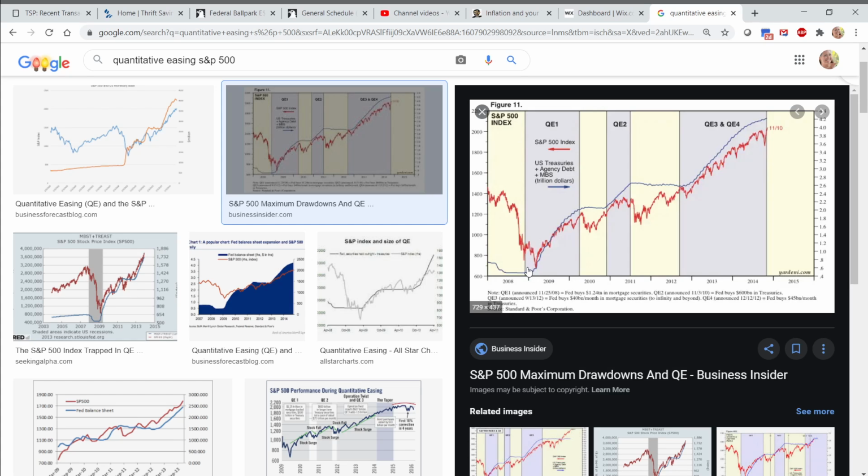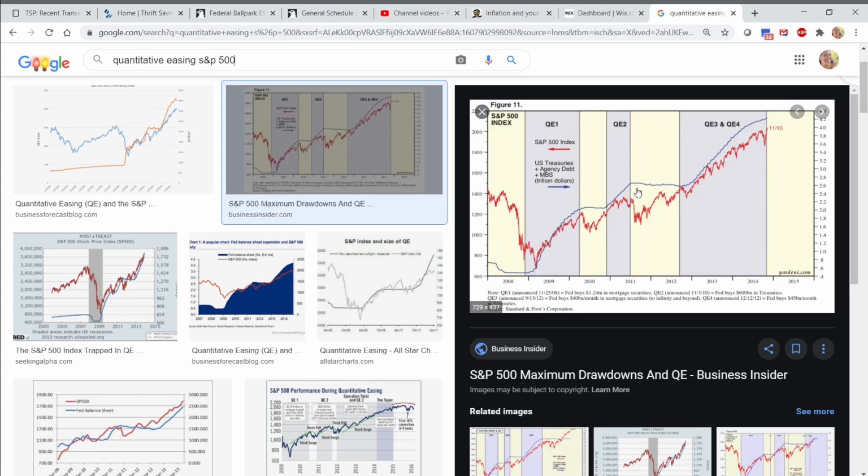From 2008, when we had the stock market crash and the housing crash, till today, this chart only goes to 2015. The federal government, namely the Federal Reserve, printed trillions of dollars to keep the market propped up.